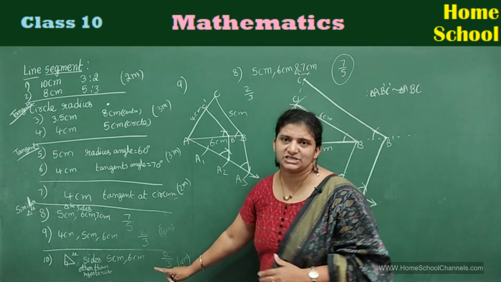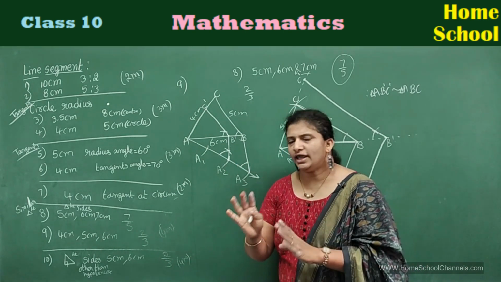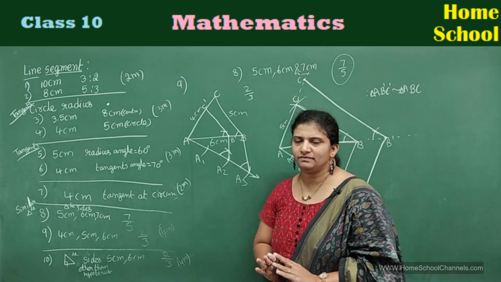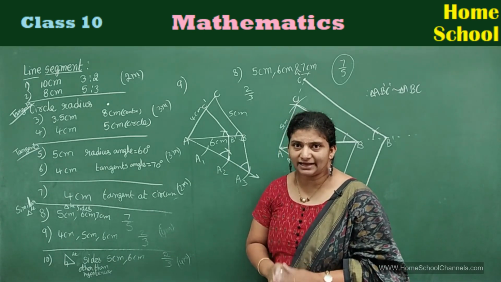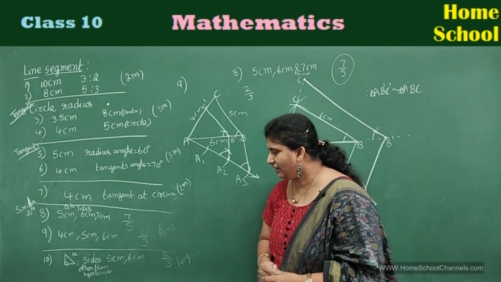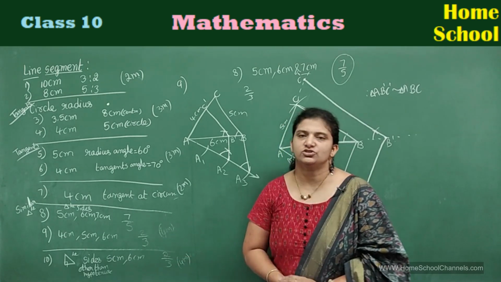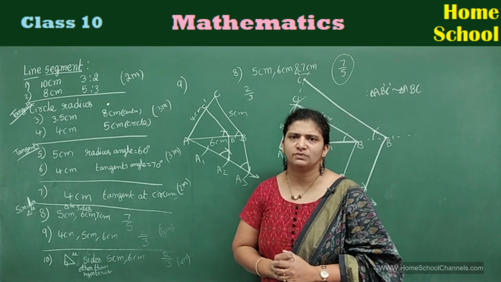Coming to the last problem. The last problem is also the same variety. Draw a right angled triangle. The sides other than the hypotenuse are 5 cm, 6 cm, given. And ratio 2:3 is given. How do we need to do this one?